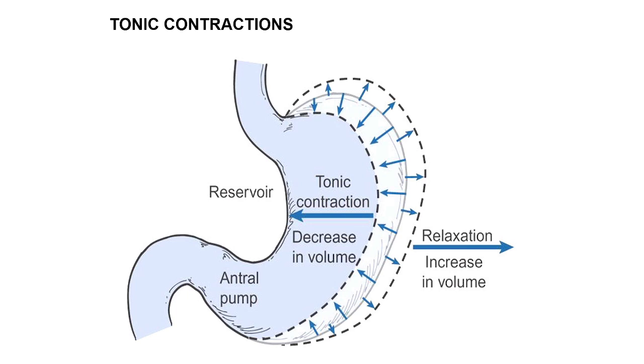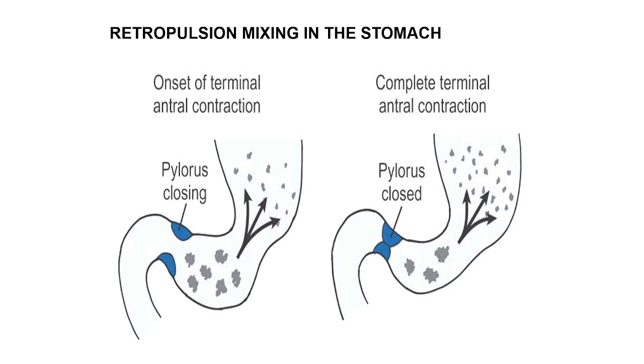Contractions in the body of the stomach are initiated to mix the content. So antral pump is important for mixing and grinding because it also provides kind of backward peristalsis, which is intensive mixing and grinding of the food in the antrum.